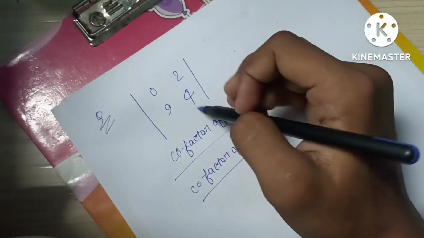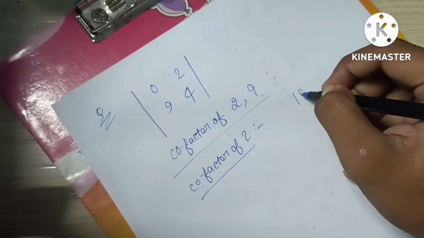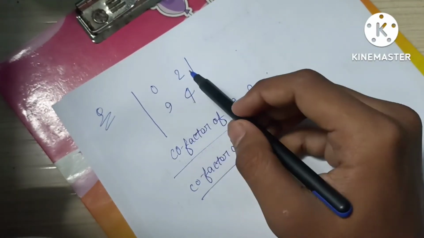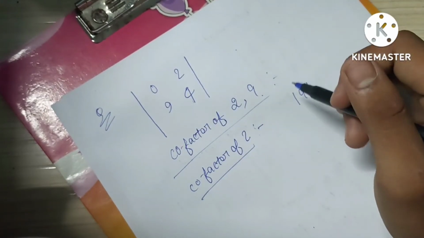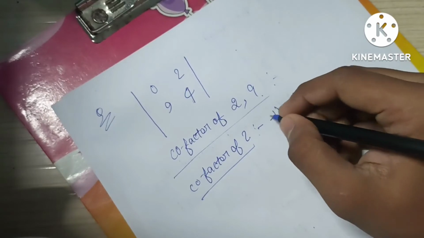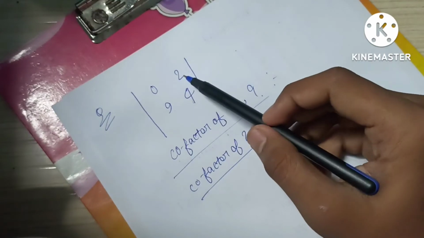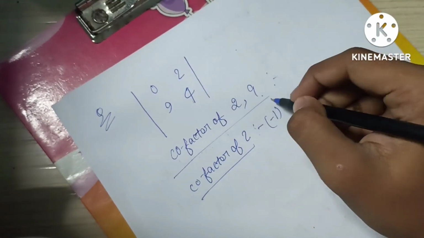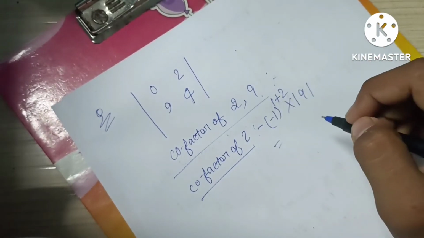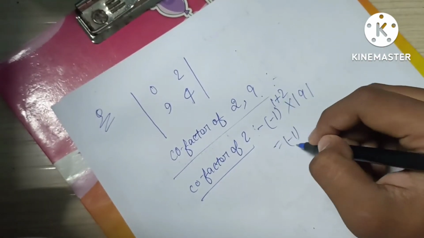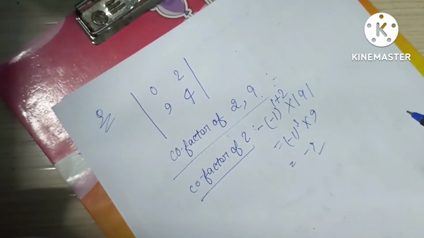is equal to, we will exclude the row and column. So what is the number in the determinant? That is here 9. We have excluded the column and the row respectively, so the number here is 9. Now to find the cofactor, we will multiply by -1 to the power of the row and the column. So where does the number 2 lie? It lies in A1,2. So we will add 1 plus 2, and the symbol between them is multiply. Okay, so -1 to the power of 3 into 9, that is -9 is the cofactor of 2.